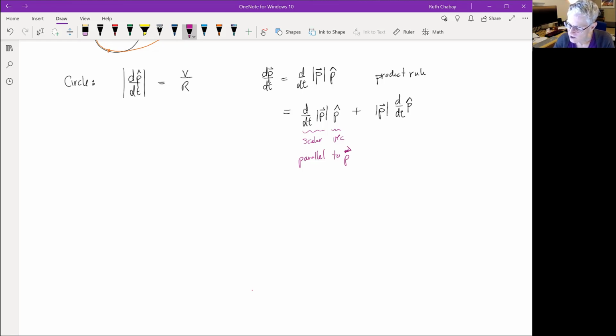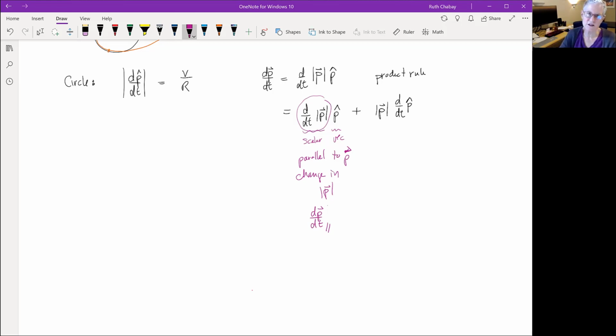And we see here that what's changing is the magnitude of the momentum, the change in the magnitude of the momentum. So this is what we would call dp/dt parallel, the parallel piece of dp/dt.